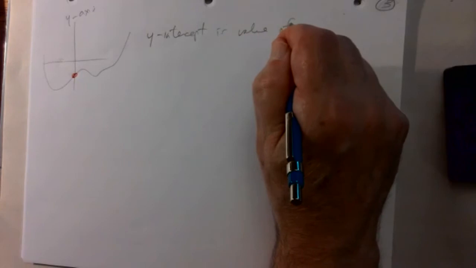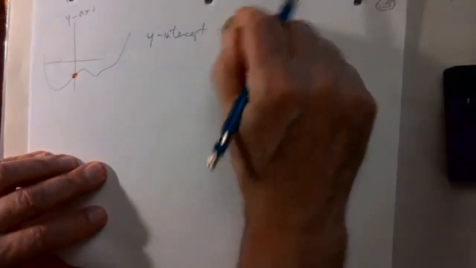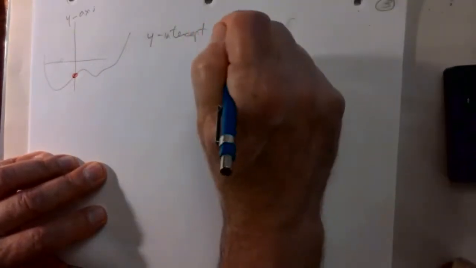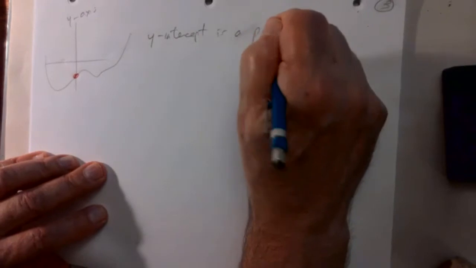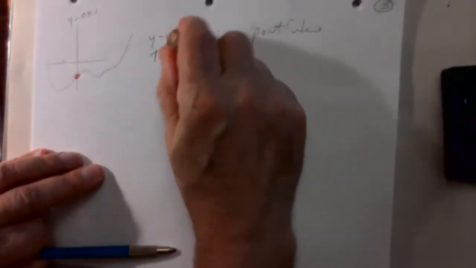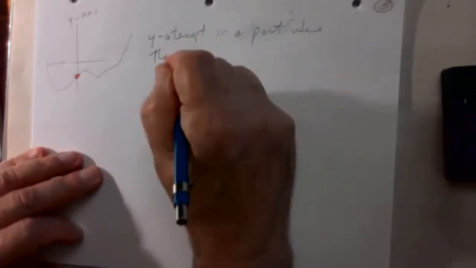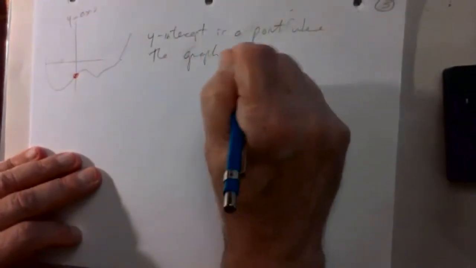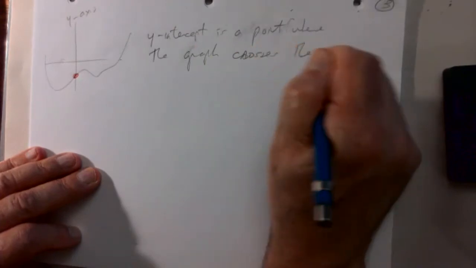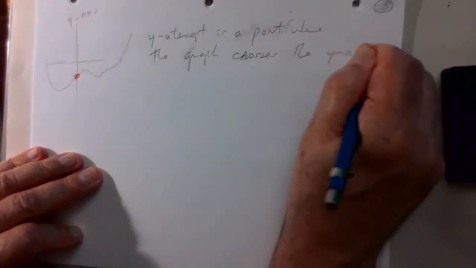A y-intercept is a point where the graph crosses the y-axis.